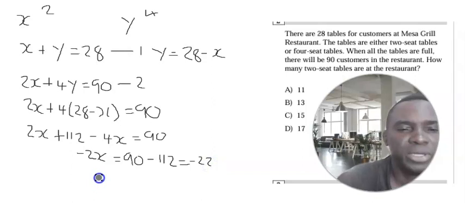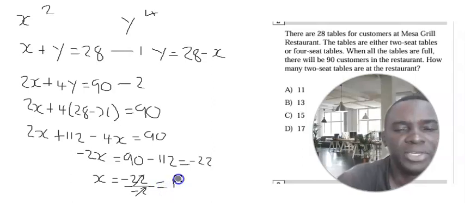So here we are saying therefore that our x is equal to minus 22 divided by minus 2. Of course, the minus cancels the minus and becomes plus. So this is going to give you 11. Do you understand that?